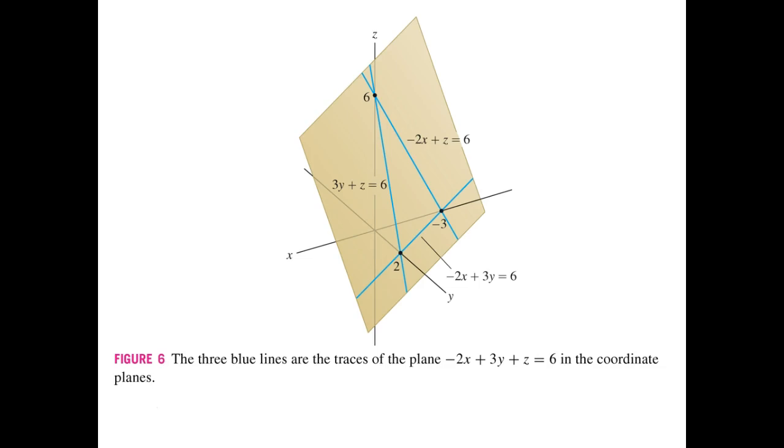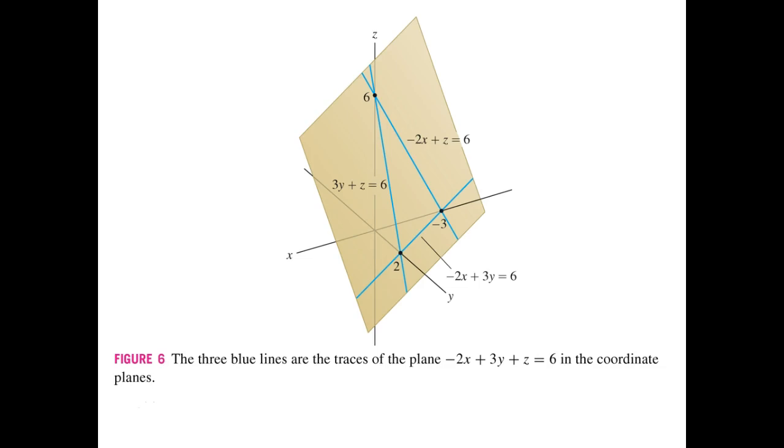That means x equals negative 3. x equals negative 3, that's on the plane, right? Okay? And then let x and z be 0. 3y is equal to 6. y is equal to 2. That's on the plane. Okay? So those are 3 points where that plane crosses the x-axis, the y-axis, and the z-axis.